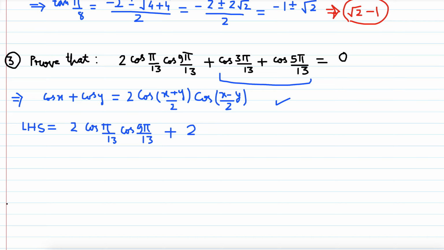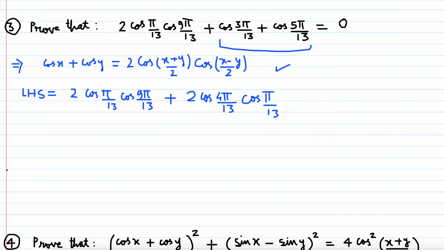So 3 pi plus 5 pi divided by 13 is 8 pi by 13, divided by 2, so it will be 4 pi by 13, and x minus y is 3 minus 5, minus 2, divided by 2 is minus 1, and cos minus x is same as cos x. So it will be pi by 13.